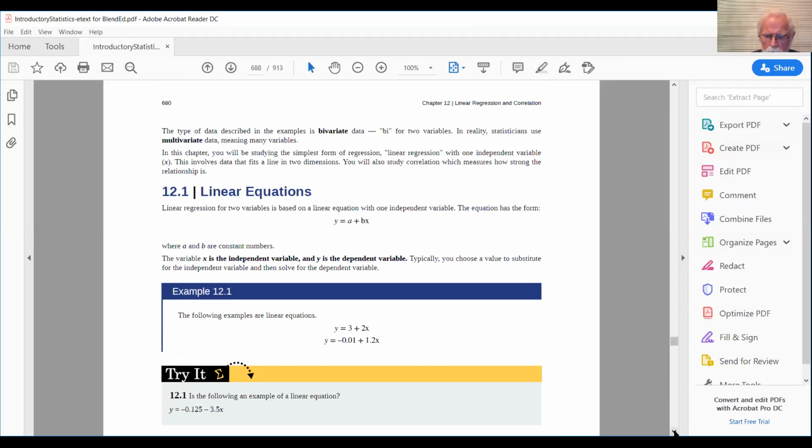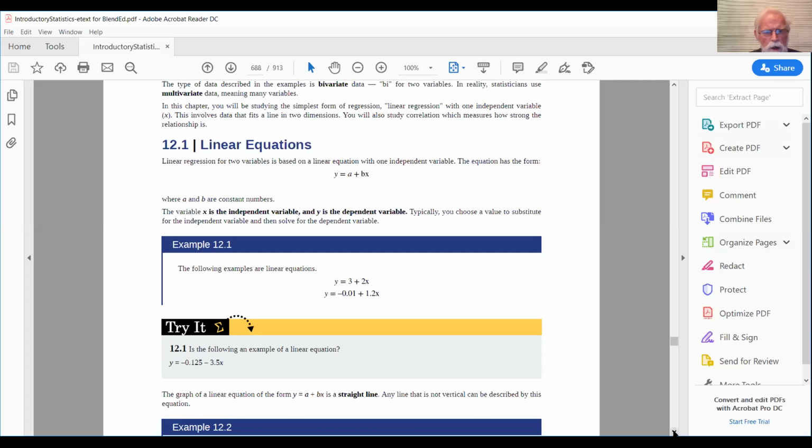First, I want to remind you about linear equations. Linear equations are equations that, if you graph them with x and y values, form a straight line. Basically, regression and correlation require us to find a straight line relationship.